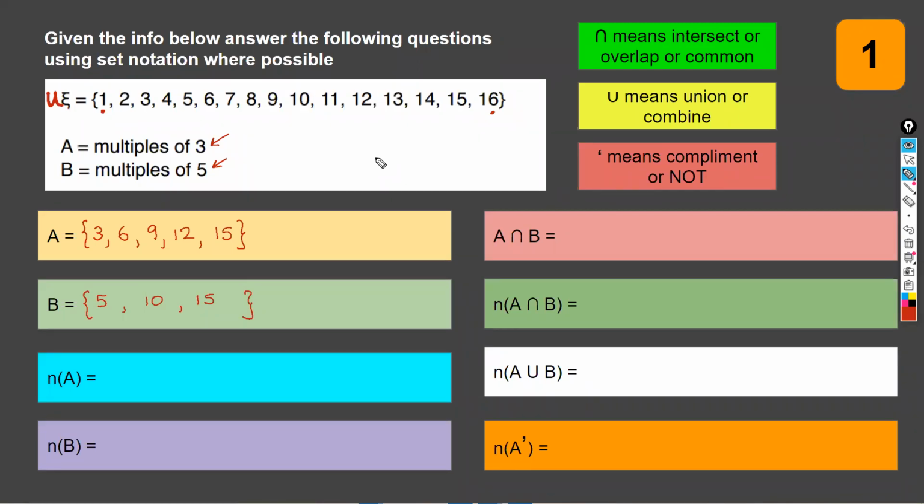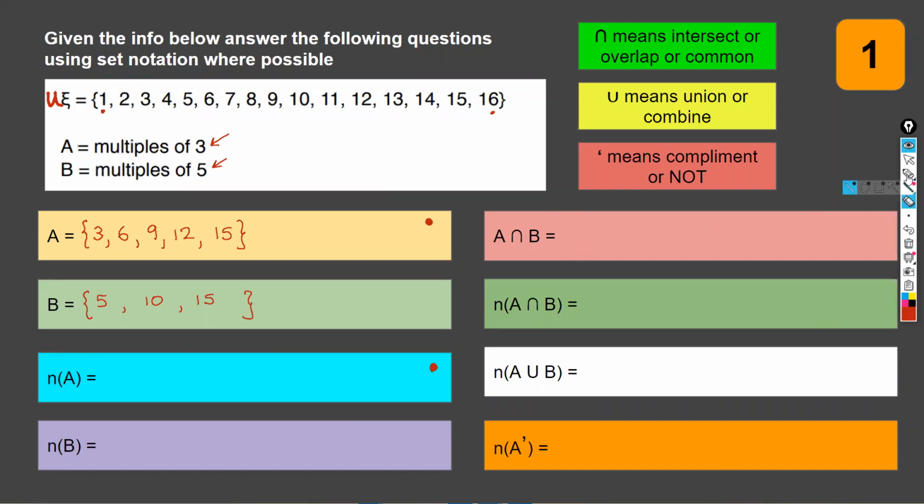So we have the first 2 questions done. You're only going to get 1 mark for each one in the exam. But look at the third question, the one in blue. You'll notice that a lot of people think that this question and the first question is the same because both of them are asking for A. However, you notice it has the letter N on the outside.